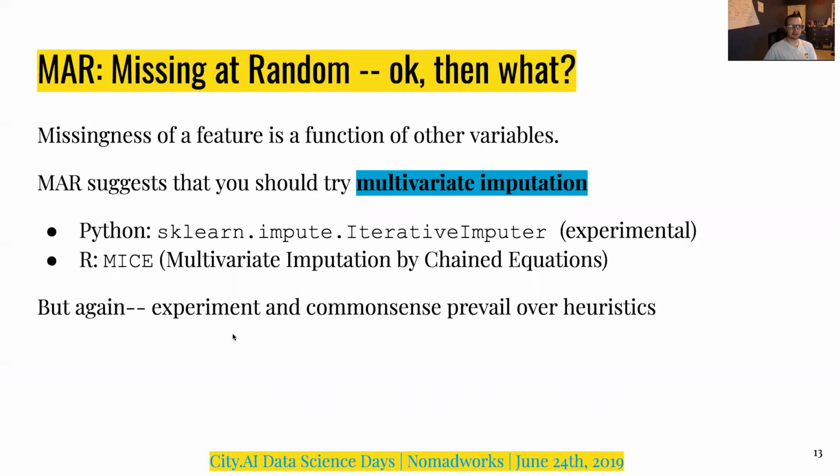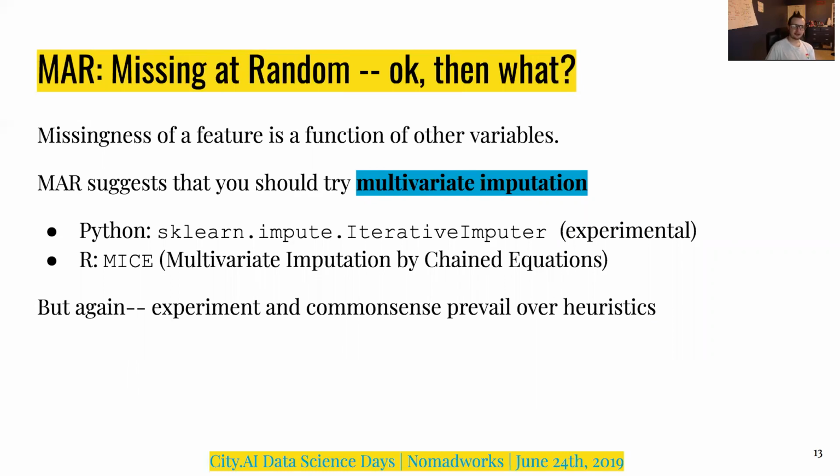And to properly do multivariate imputation by chained equations, or MICE, you have to do this multiple times with some randomness and some bagging, and pick the best one. But just running iterative imputer once can still be pretty good sometimes.